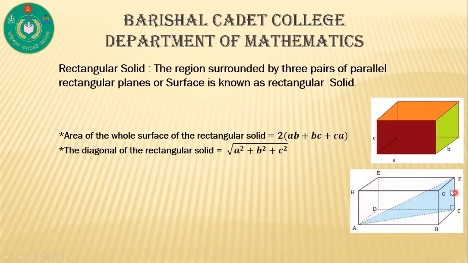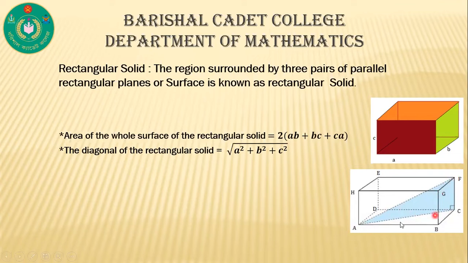Now we can see this picture. Here ABC is a right angle triangle and BC is perpendicular to AB. AC is the hypotenuse. So from Pythagoras, we can write AC square is equal to AB square plus BC square. Again, AFC is a right angle triangle.